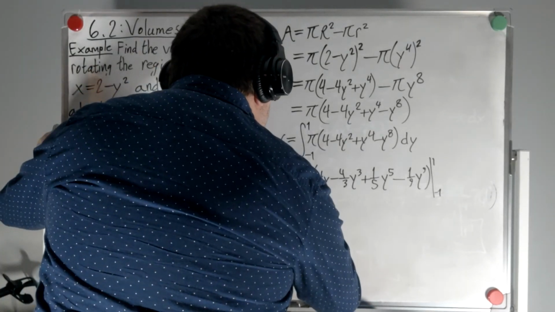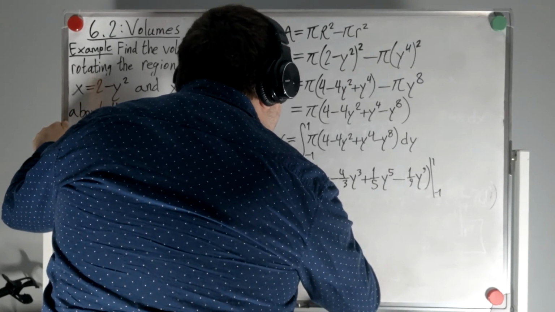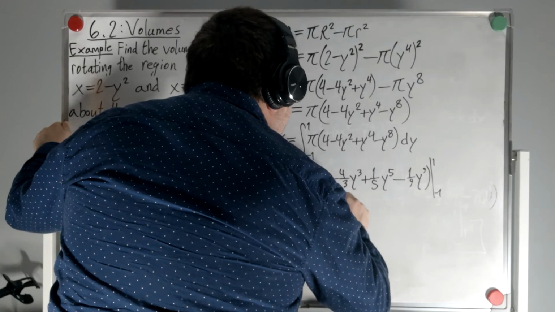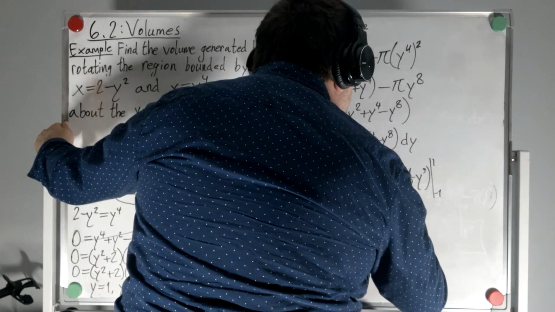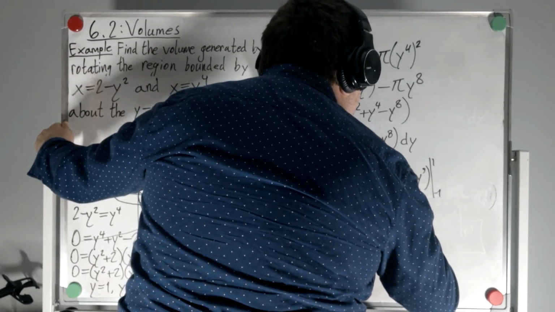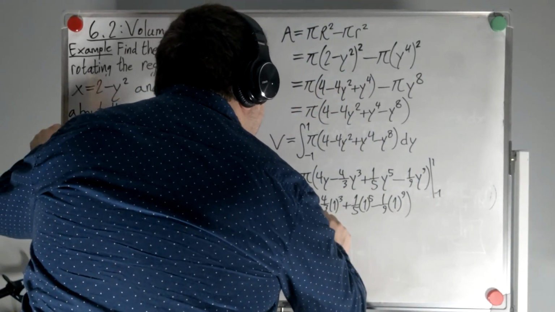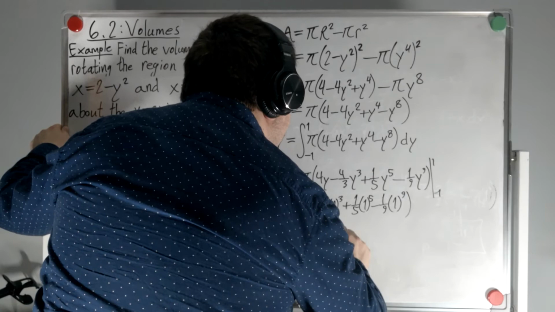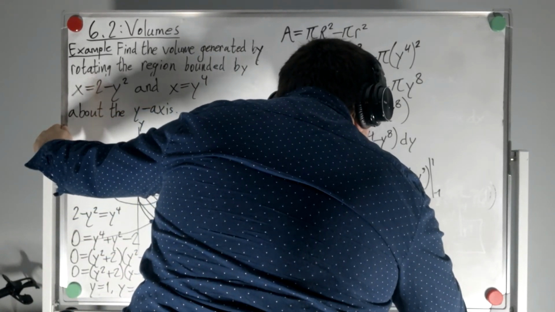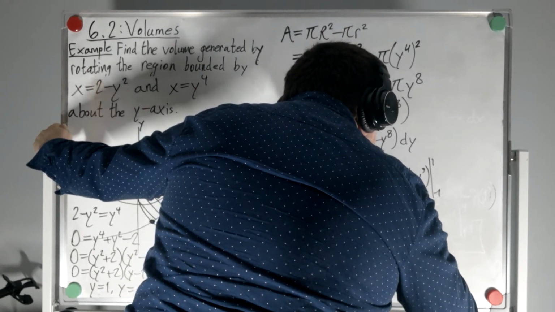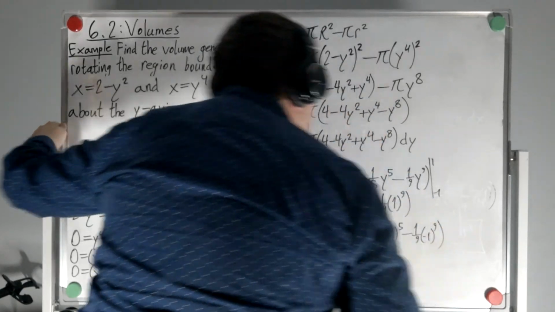And literally, that comes out to be pi times 4 times 1 minus 4/3 of 1 cubed plus 1/5 of 1 to the fifth minus 1/9 of 1 to the ninth, minus pi times 4 times negative 1 minus 4/3 of negative 1 cubed plus 1/5 of negative 1 to the fifth minus 1/9 of negative 1 to the ninth.